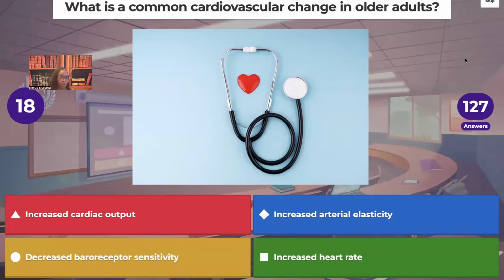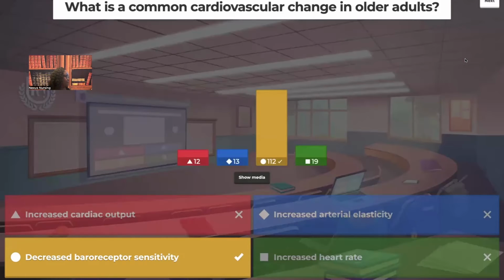Even if you don't know the answer, guys, I've taught you tricks and tips on how to still pick the correct answer, even if you don't have a clue. Look at your options. Very good. Decreased baroreceptor sensitivity.